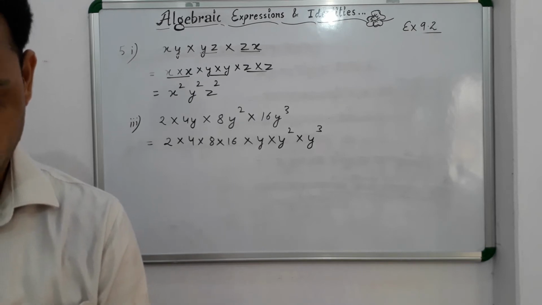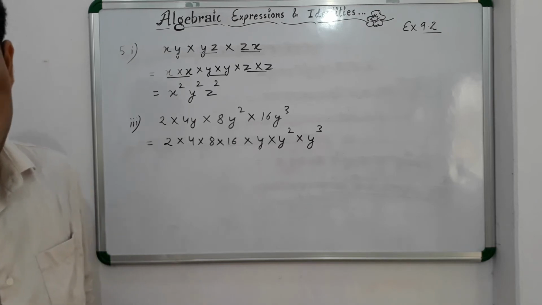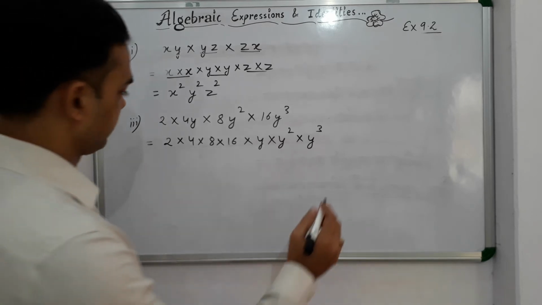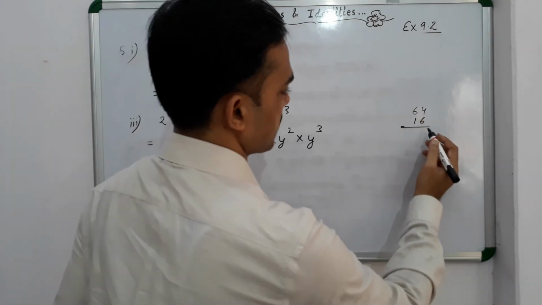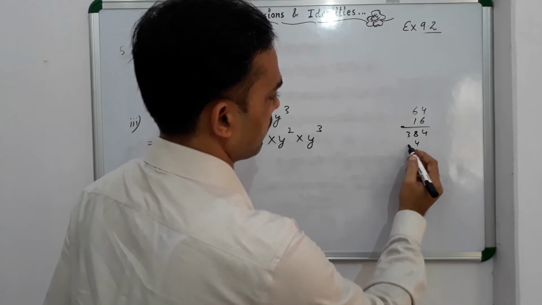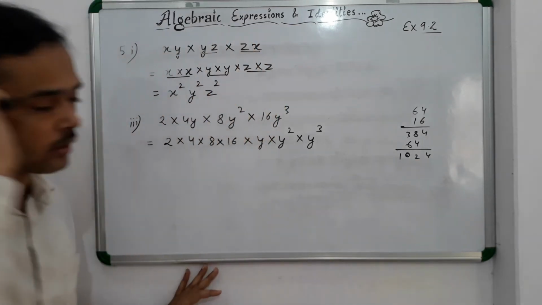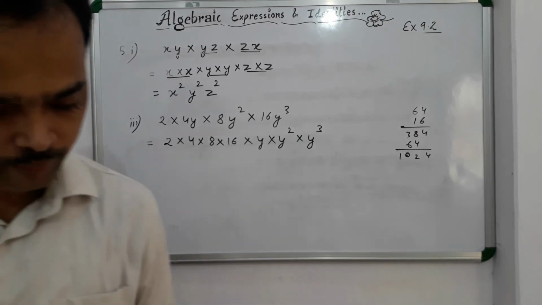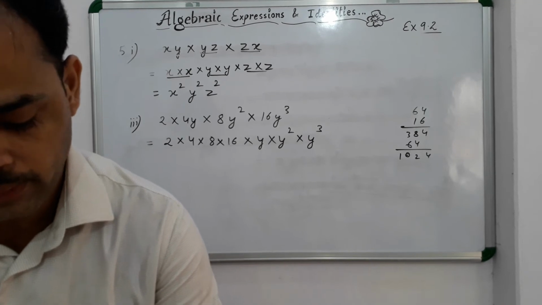Now after this let us multiply 64 into 16, and let's check what you get. Multiplying 6 into 4 you get 24, carry 2, and in this manner you get 1024. So in this manner we have done the constants.